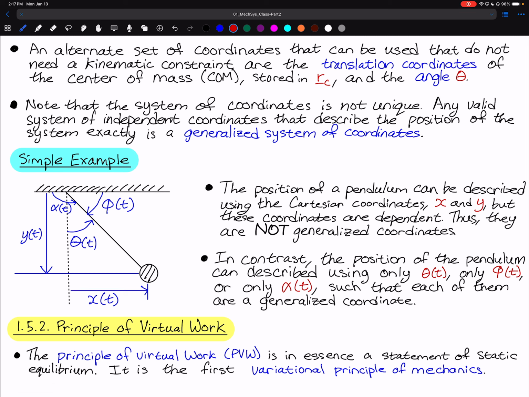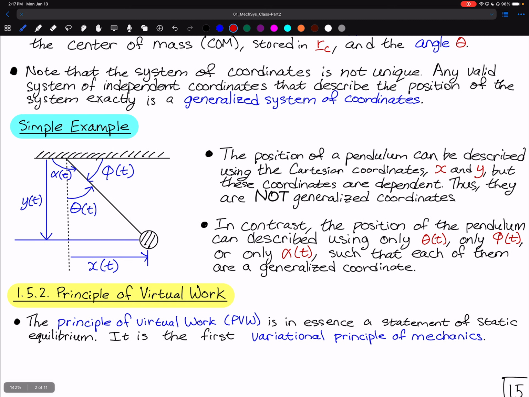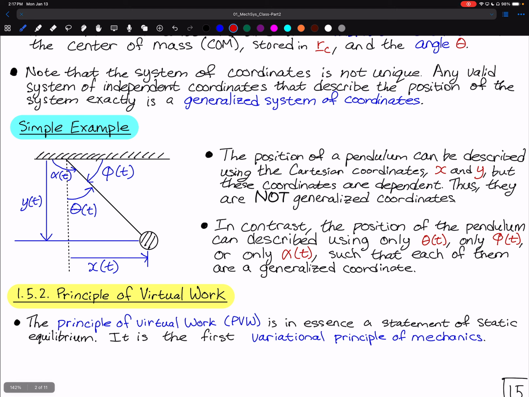And you want to really stick to using center of mass coordinates and rotation about the center of mass as well. That being said, sometimes you might have a rigid body that's pinned at a location, and then you'd want to describe the motion of that rigid body with respect to that pinned position, so an angle with respect to that pin joint. Okay, any questions on this?